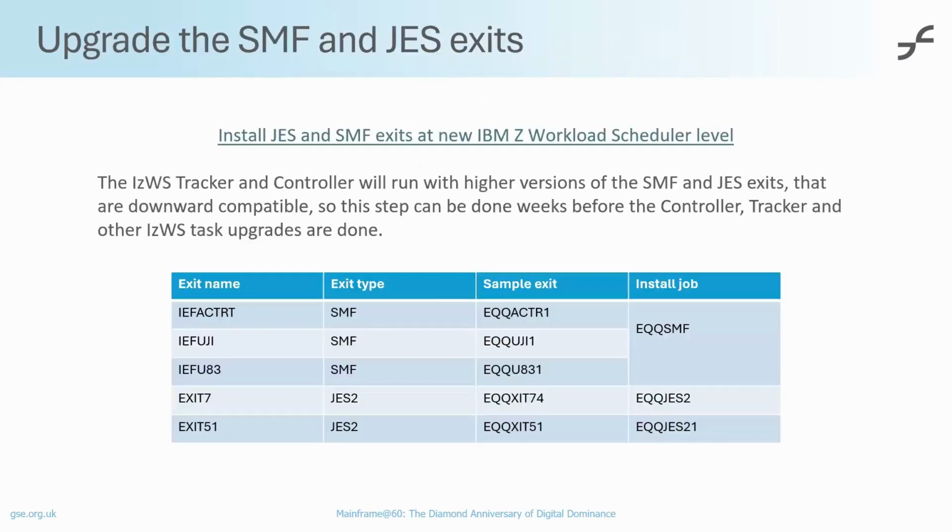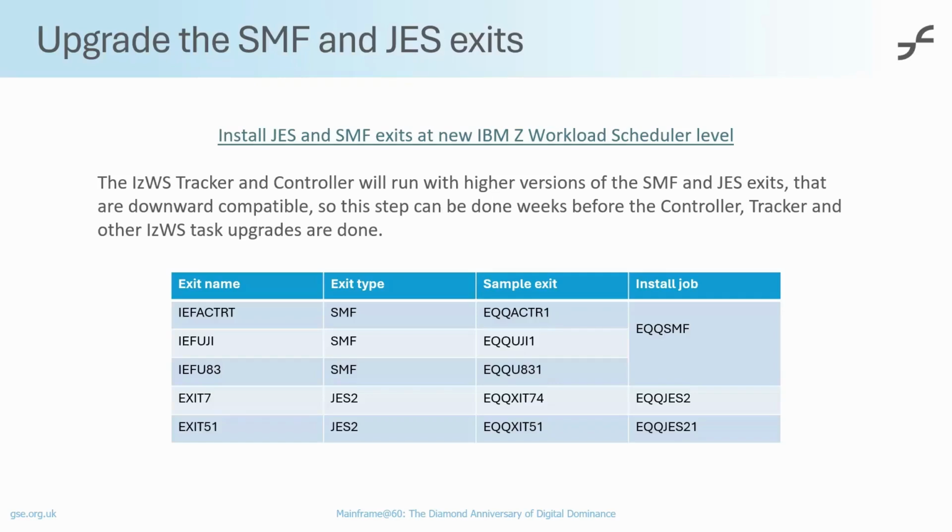SMF and JES exits need to be upgraded, but this can be done long before you perform the controller or tracker or any other IZWS task upgrades, because they are downward compatible. So you can directly upgrade SMF and JES exits. Here you have a table of the exits that you need to upgrade.